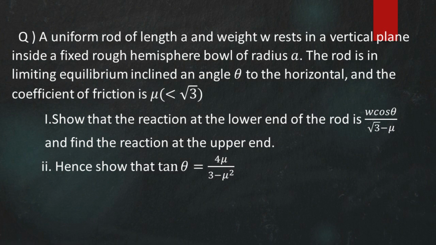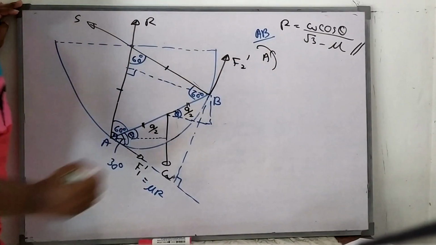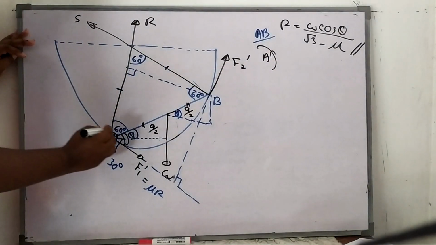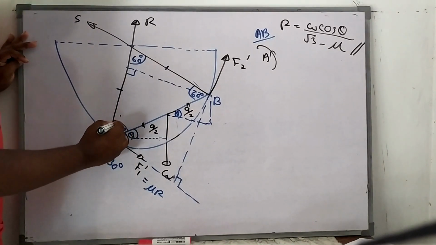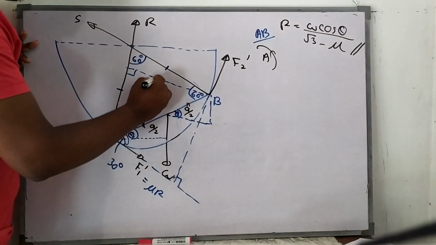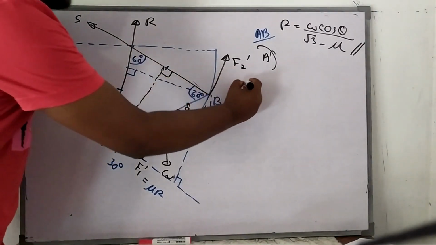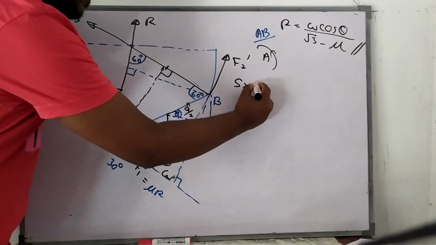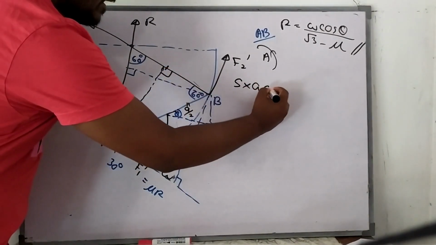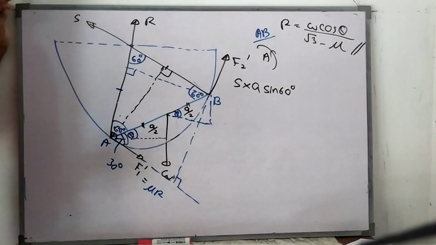So we need S. I'm taking moment around A, anti-clockwise direction. The light is the same, right? S into A sine 60 degrees.